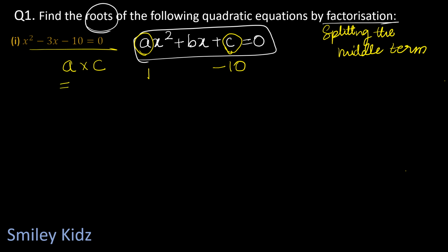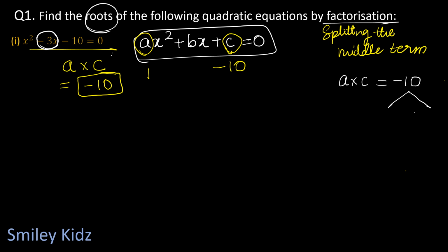So a into c according to this question is minus 10. Now once you find out a into c, which is equal to minus 10, now try to find out the factors of minus 10 so that you're going to equate it to minus 3x. Now let's suppose my factors of minus 10 are 5 into 2.